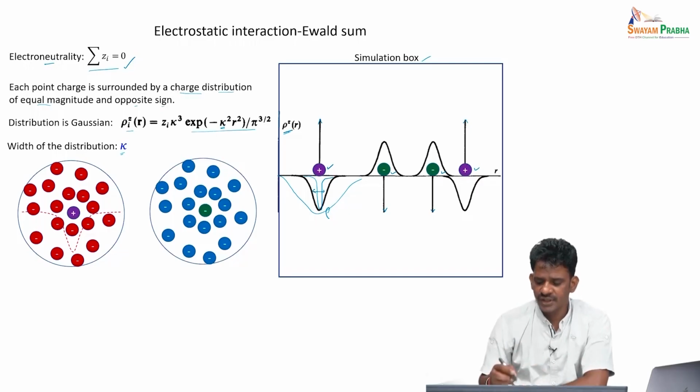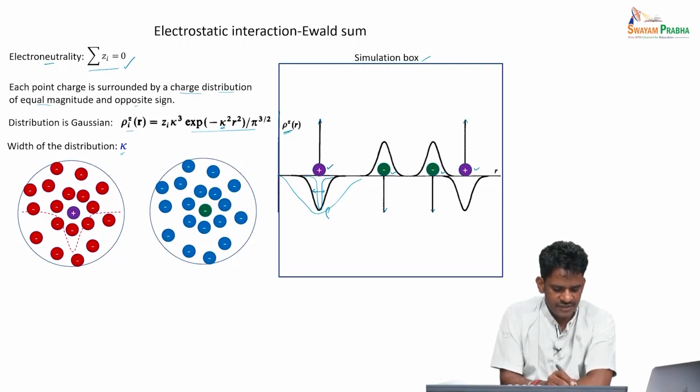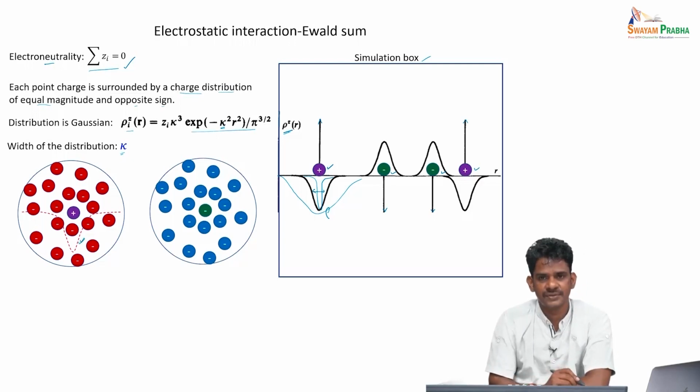The meaning of imposing a charge distribution over an ion basically means that if this is my charge here, the purple one, we are thinking of having virtual charges put around the positive charge, so that if I look at the charge distribution around it, it follows this kind of Gaussian distribution.